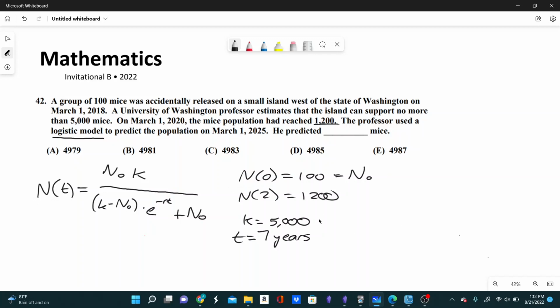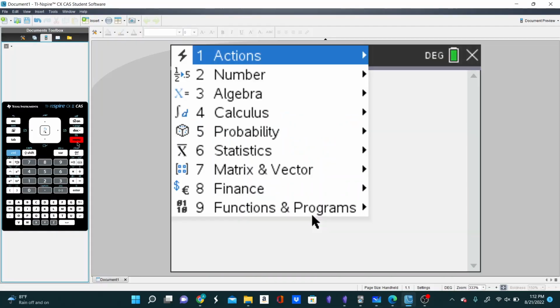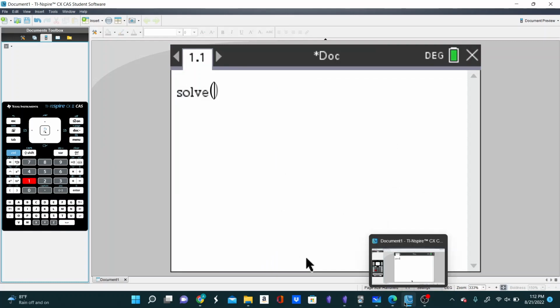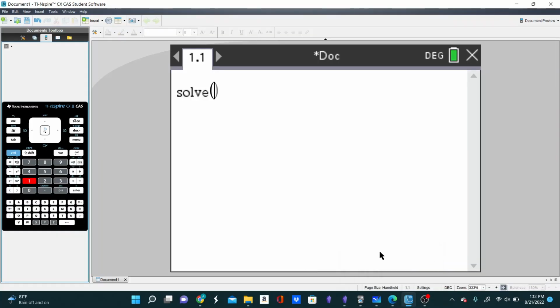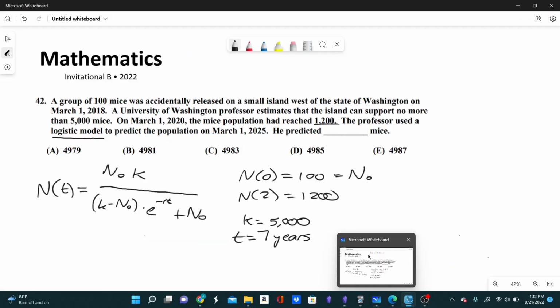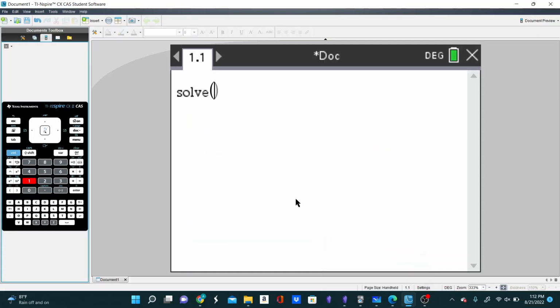So I'm actually going to go to my calculator and see if we can solve this over here. I'm going to use our second time, at time equals 2. So N of 2, which is 1,200, equals, and let me set up this fraction, control divide.